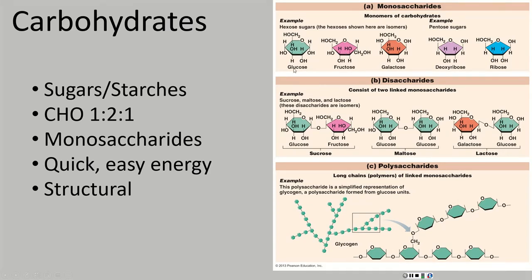Now, here we see some examples, and you won't have to know these examples, but some of them you're going to get used to because we talk about them a lot. We have glucose. Glucose we're going to talk about a lot this semester. We've already spoken about it. Fructose. This is fruit sugar. Over here we see deoxyribose and ribose. We're going to talk about those a few times in this lecture.